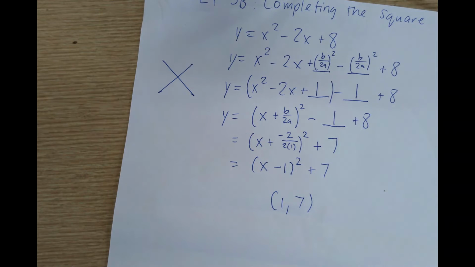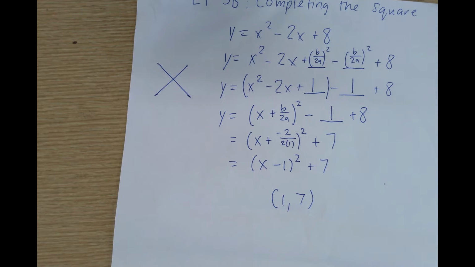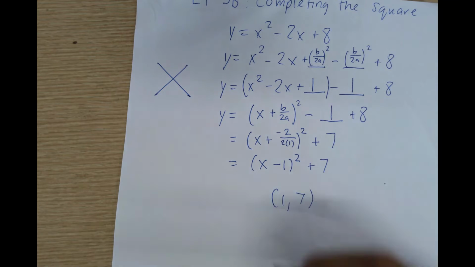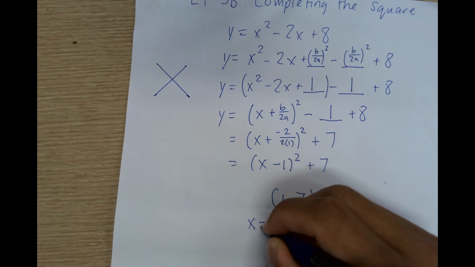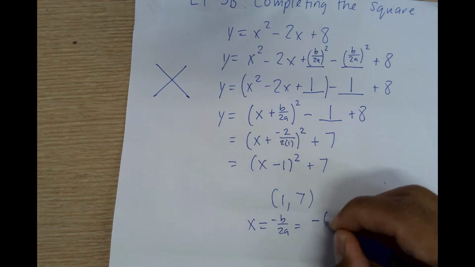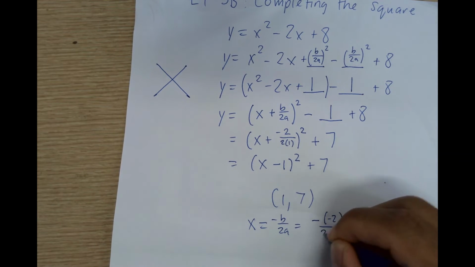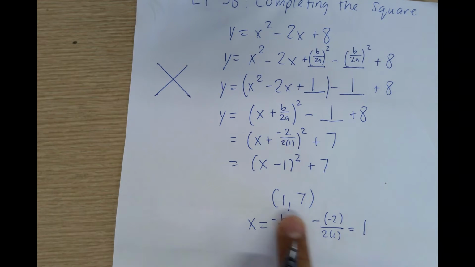So if we wanted to check and make sure how the heck did he do this, well, we can check using a method that we already know. So we already remember finding the axis of symmetry, which is x is equal to negative b over 2a, which would be negative negative 2 over 2 times 1. And we get positive 1. So we already know that the x values match up for our axis of symmetry and our vertex.